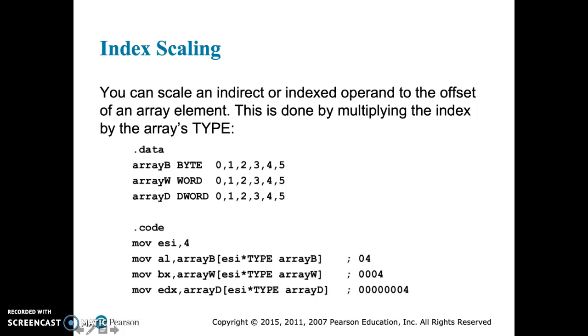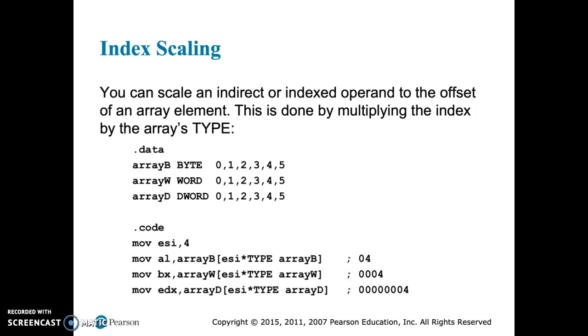Now, if you recall, when we are doing offsets, the offset for a byte was 1, for a word was 2, a DWORD was 4, and a QWORD was 8. So rather than having to remember that, we can do something called index scaling, where we essentially use the TYPE operator to multiply times the offset.